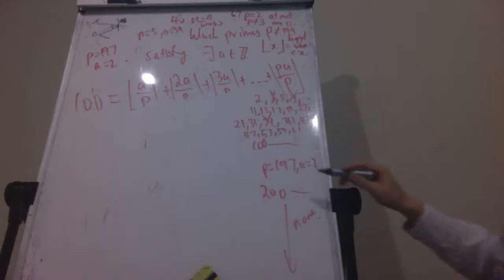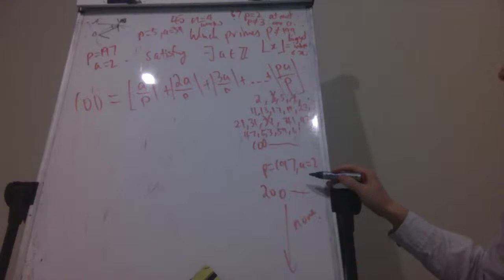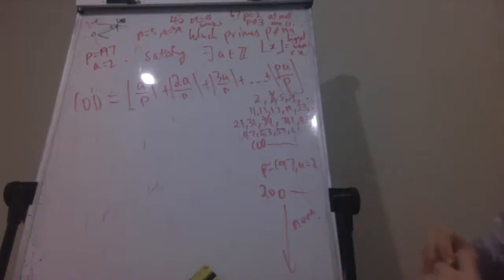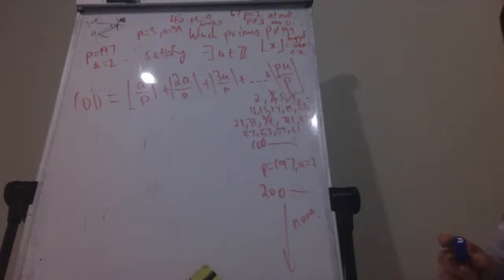See, because what was it? A equals 3. Sorry, what was it? A equals 6. What was too small for 37, right?